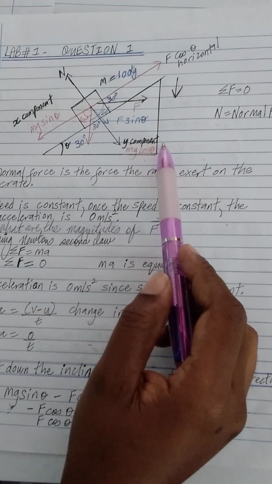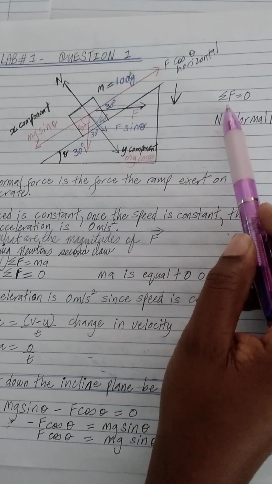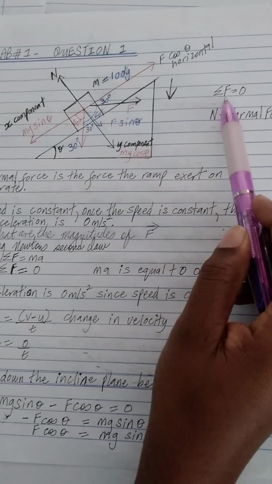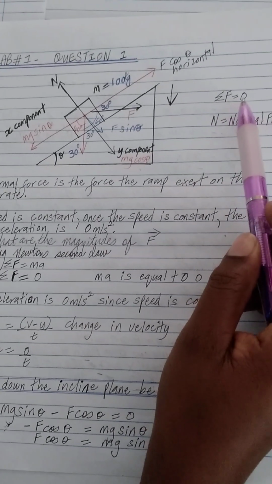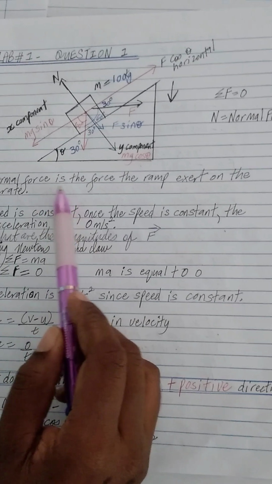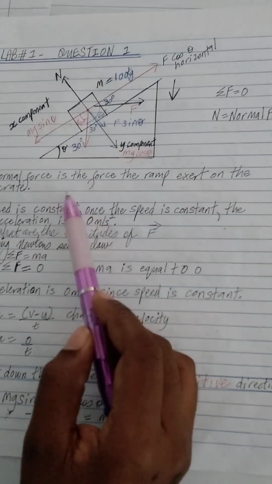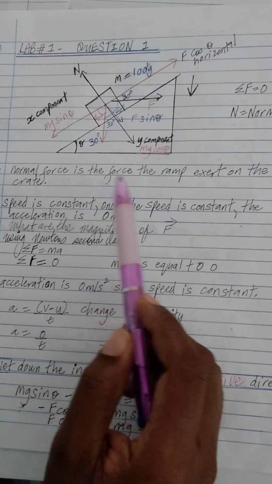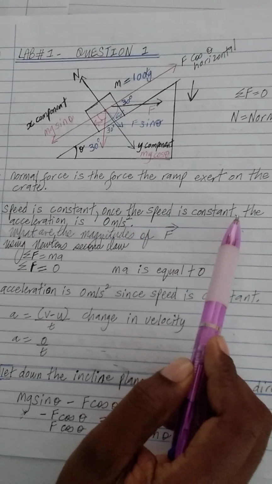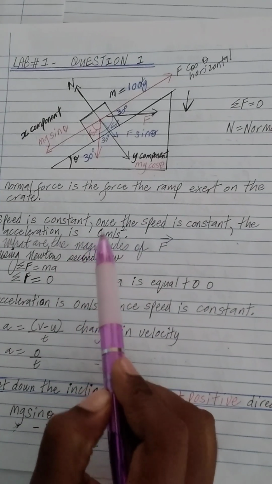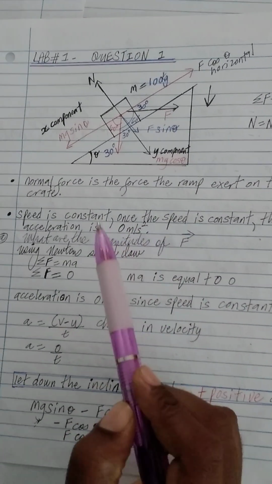Okay? Now, using Newton's second law of motion, the sum of F is equal to 0, which is the sum of the net forces. Now, the normal force is the force the ramp exerts on the crate. In this situation, the speed is constant. And once the speed is constant, the acceleration is 0 meters per second squared.